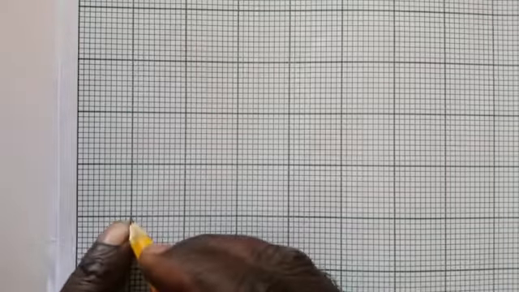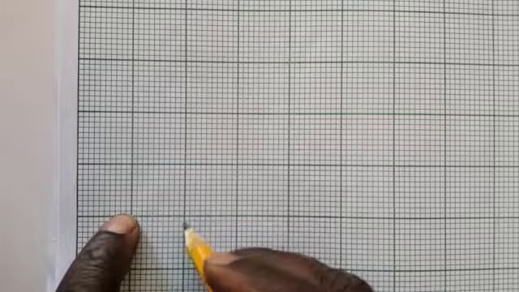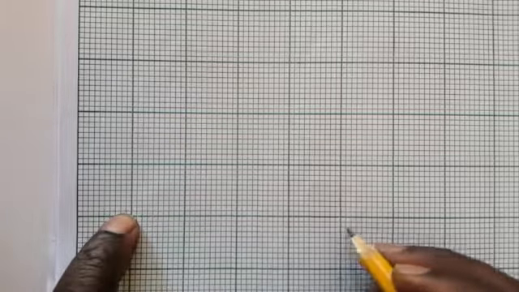I'll leave one line here, okay, like this. I'll leave 2 centimeters, so I'll start here. Then I'll say 2 centimeters to represent 100. So if this is 0, then this is 100, 200, 300, 400, 500, 600, 700, 800. As you can see here, there is also one line, so here it's fine in this line.